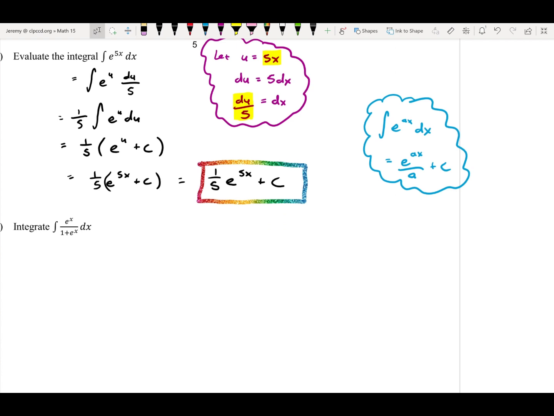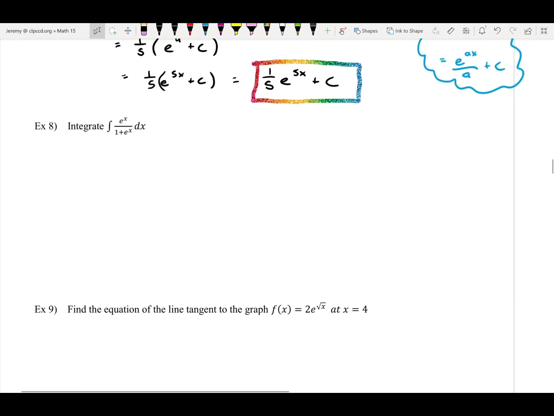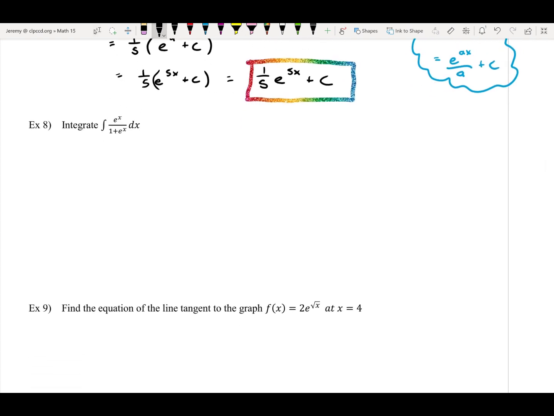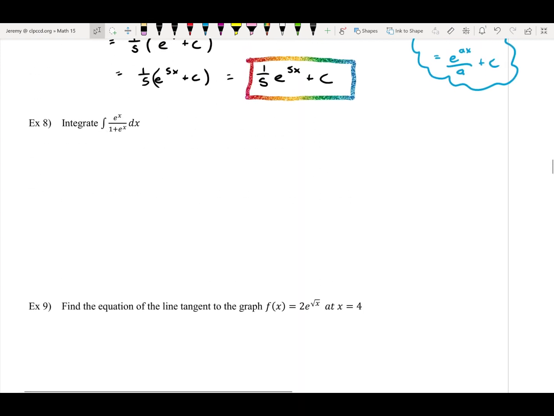I might just refer back to this example. Example 8, and I think, yeah, this is our last page here. Example 8, we want to take the integral of e to the x over 1 plus e to the x dx.